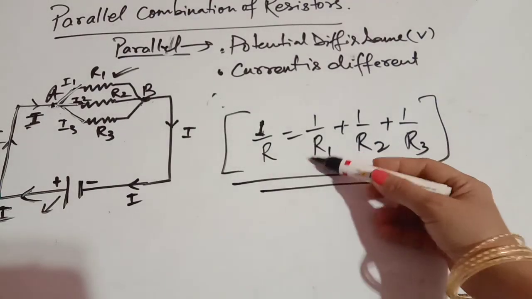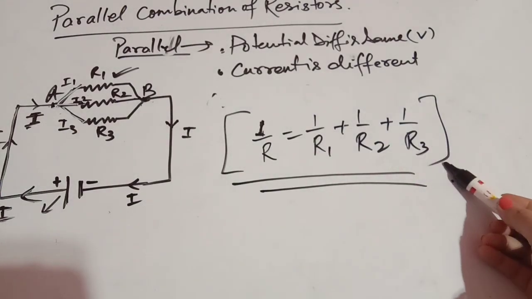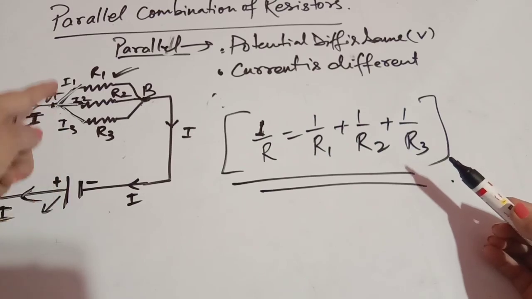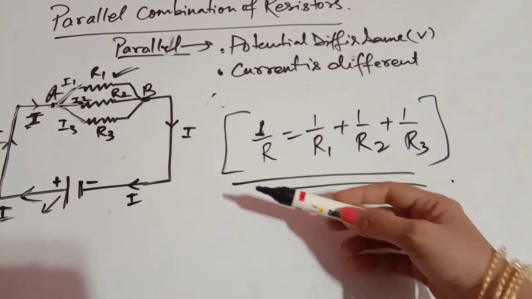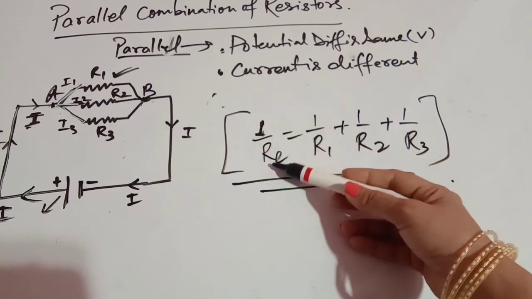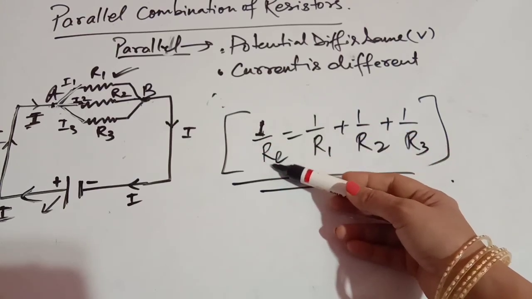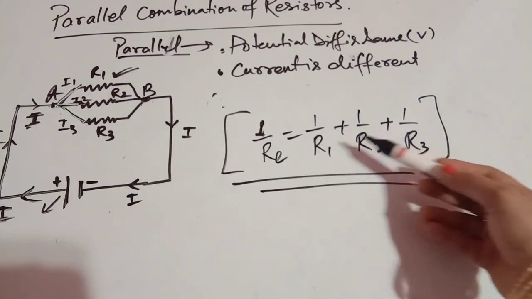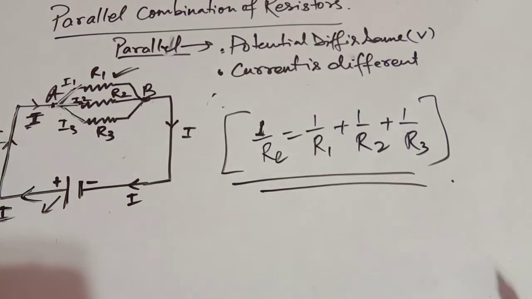When a number of resistances are connected in parallel, the reciprocal of the equivalent resistance is equal to the sum of the reciprocals of the individual resistors.